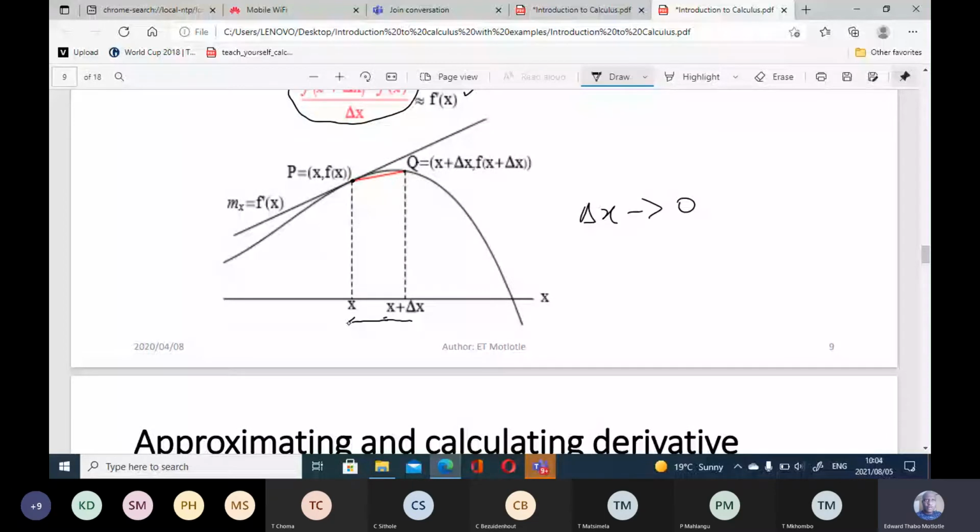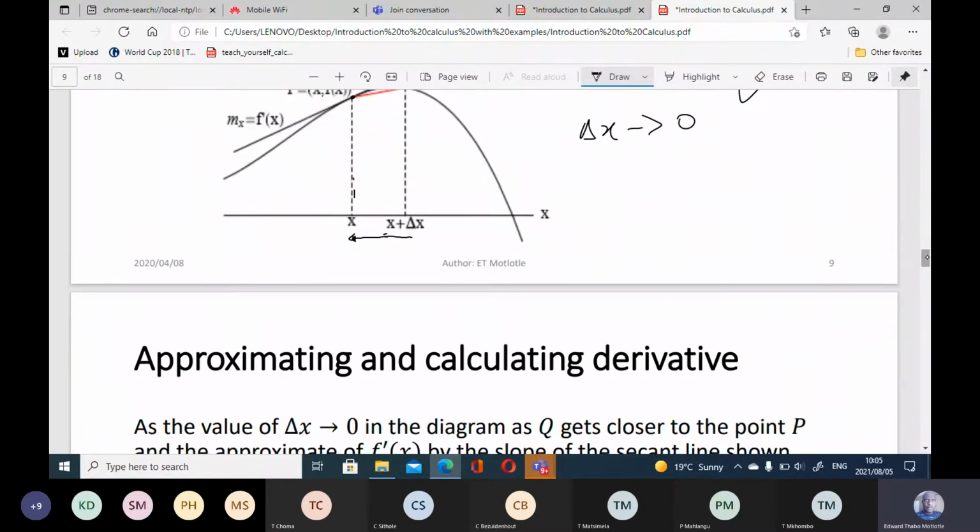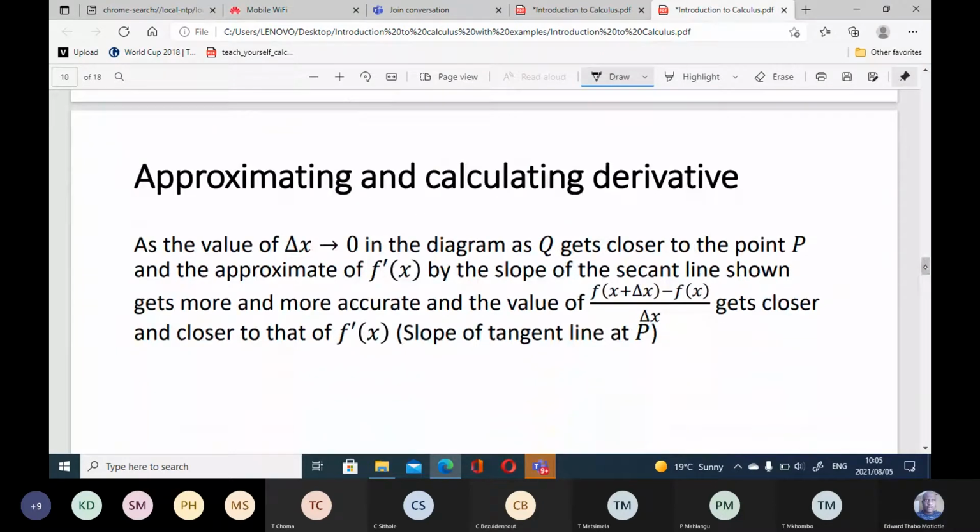When it reaches the point x, then we can say f prime of x, because we know that m, the gradient, equals the limit as delta x approaches 0 of f(x plus delta x) minus f(x) all over delta x. So this gives us the derivative. I'm just highlighting that.